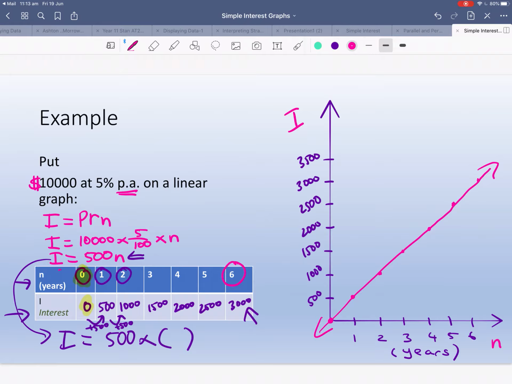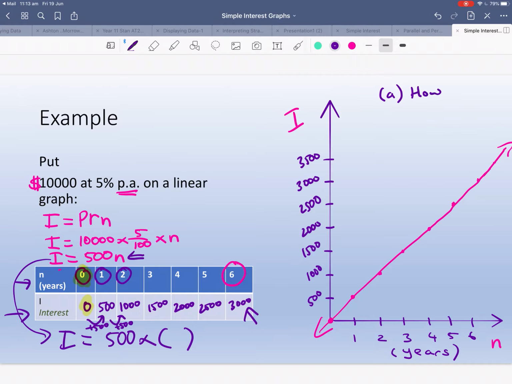Now I'm going to ask one question, but there are so many questions that you can ask. I'll say, how many years will it take to get to 3,500? So I've put that on here. So this line can go further that way. So I don't need this here. So I'm going to write my question in.